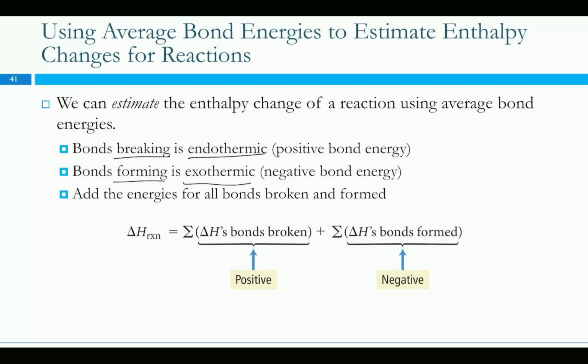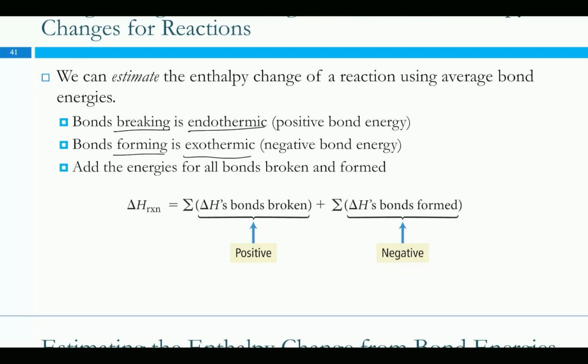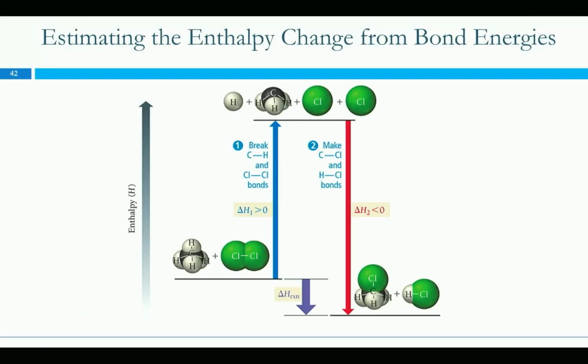So in this equation there's no negative, but the bonds broken are always going to be positive and the bonds formed are always going to be negative, even though the table is all positive.